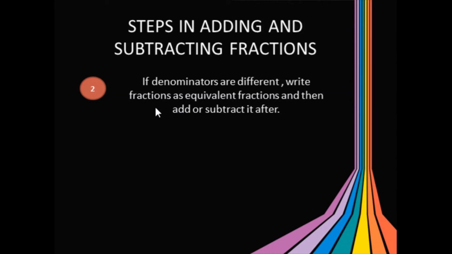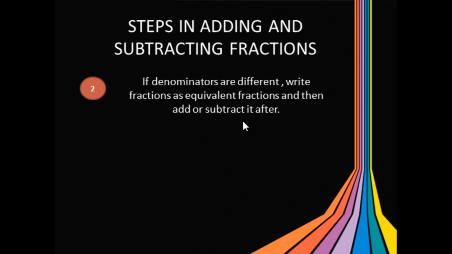Write fractions as equivalent fractions and then add or subtract it after. This time, the case is our denominators are not the same with each other. For example, I have two fractions and it's 1/3 and 2/5. Okay? Our denominators are not the same because it's 3 and 5.